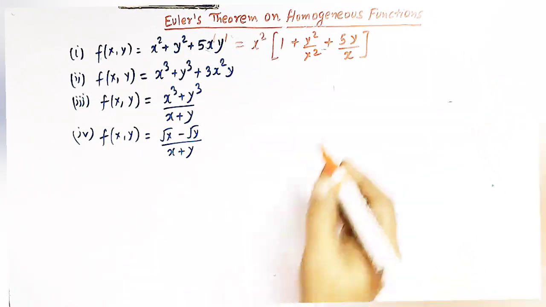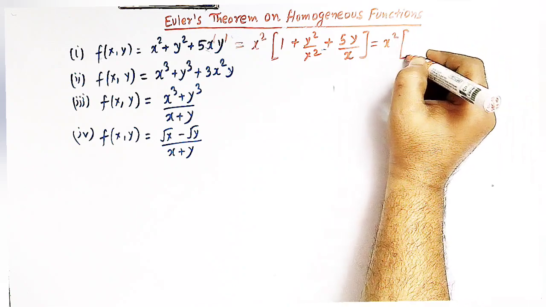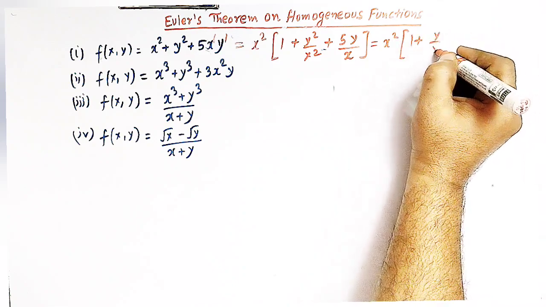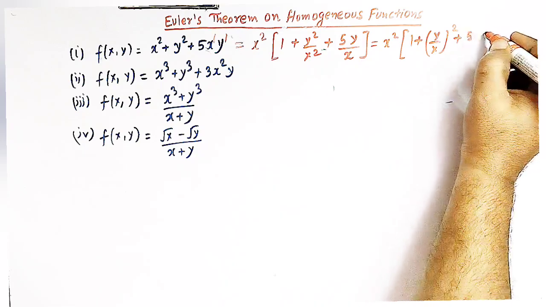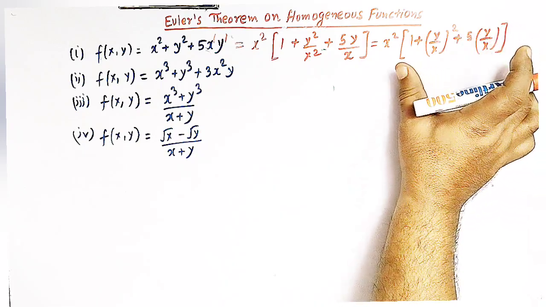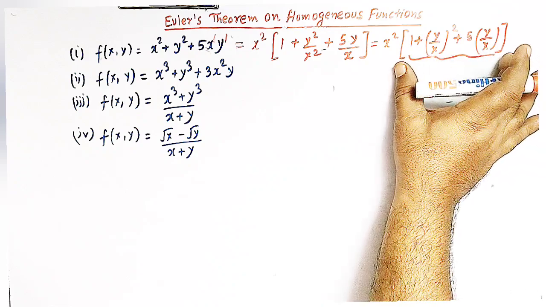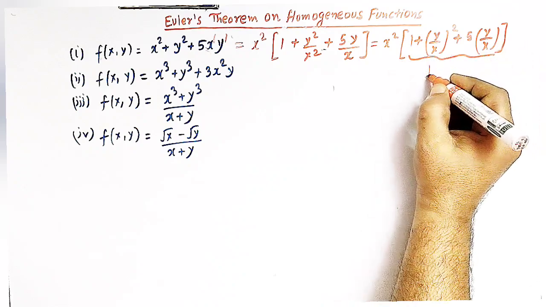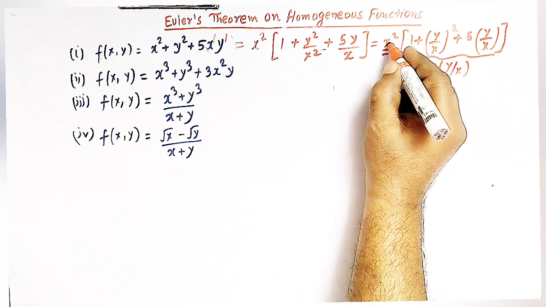Right, so now we can further write x square, and here we have 1 plus (y over x) square, and here we have 5 times y over x. Right, so let us now see this expression.